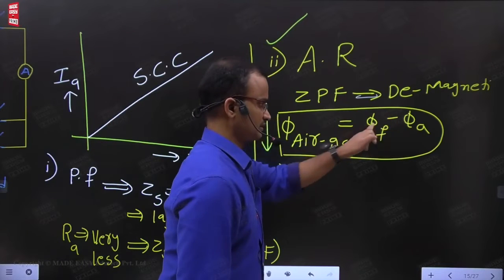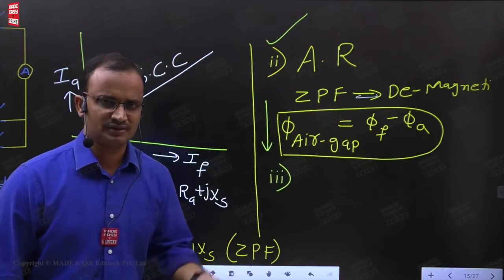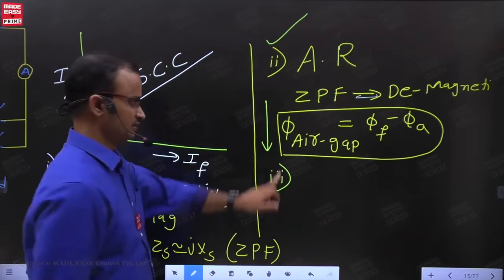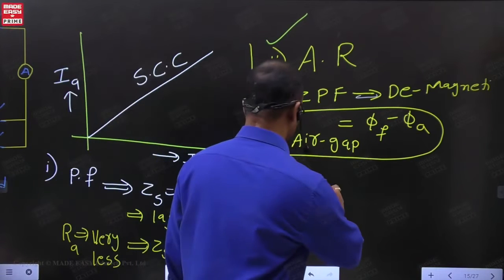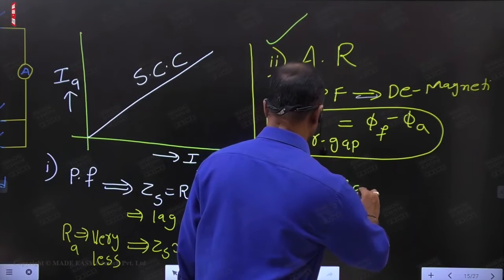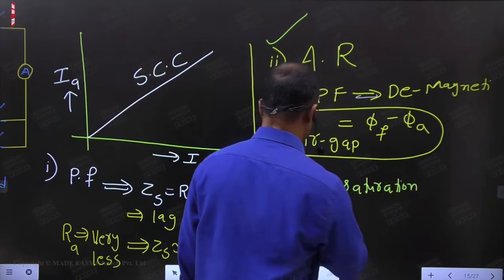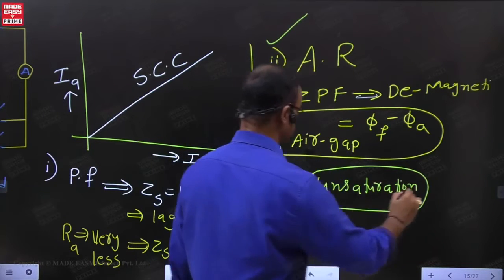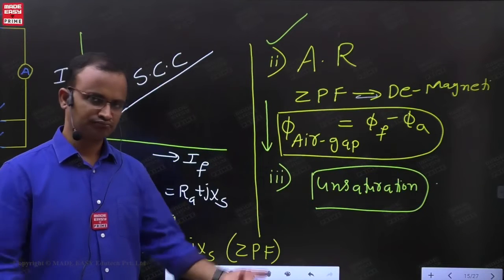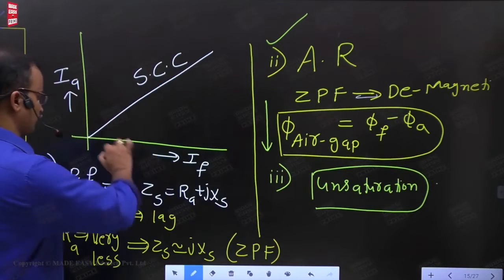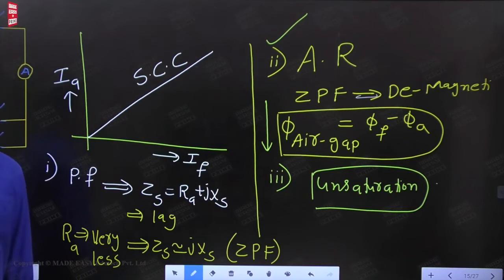Due to armature reaction effect we indicate a negative sign, so it goes on decreasing. Decreasing means every time less flux is present, so the resultant flux is less. If the resultant flux is less, we are operating the machine every time in the unsaturated region. If you are operating in the unsaturated region, what is the shape of the characteristics? Every time linear.